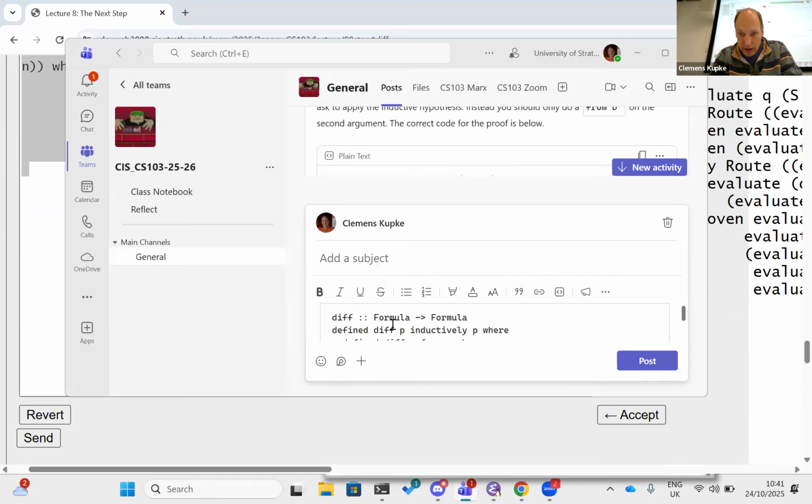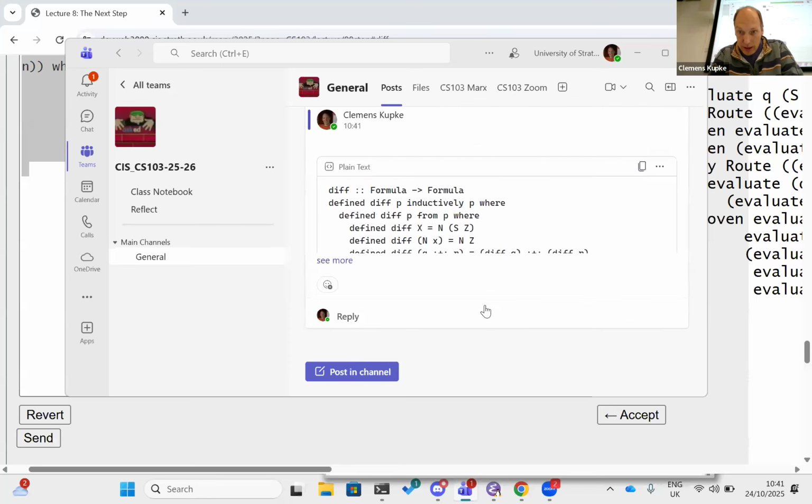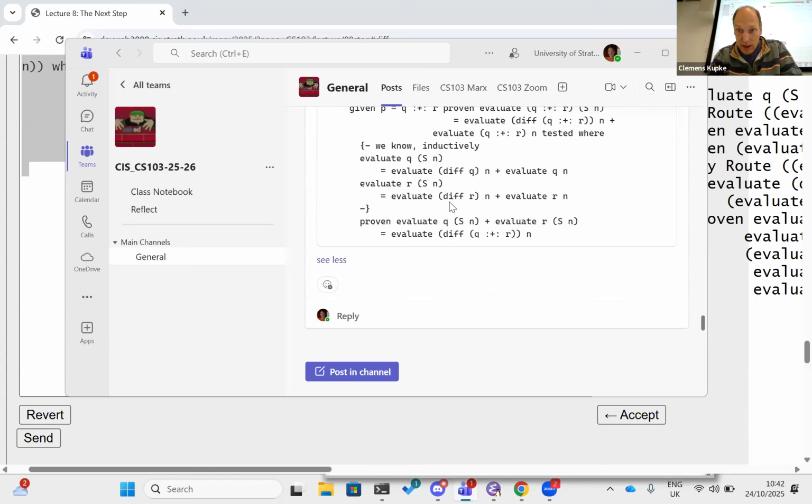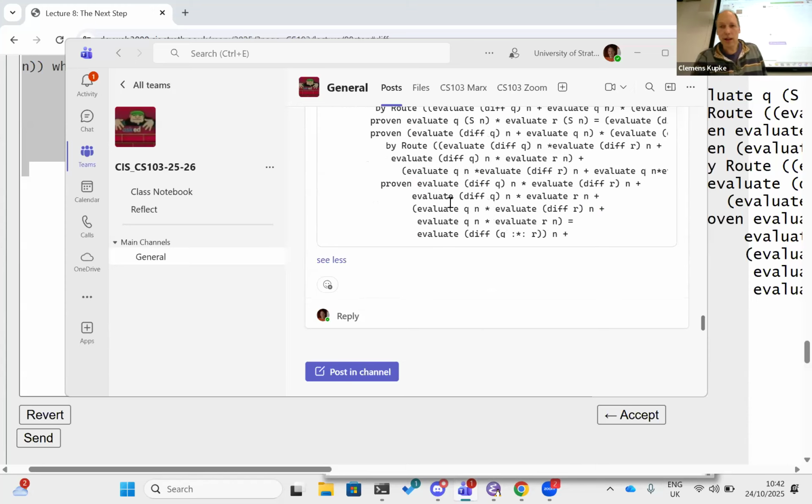Right. Yes. So, one important lesson that we need to get through in semester one of any computer science degree is to teach you to communicate code as text rather than as photographs.